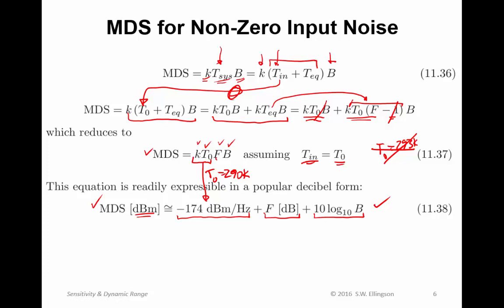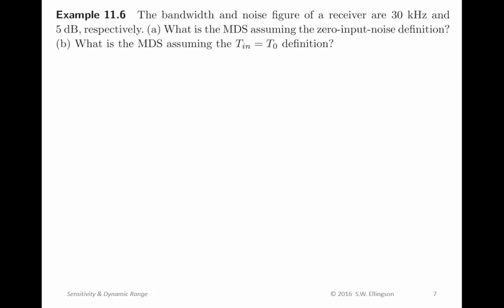And then here's F, and then here's B. So this is just the log form of the previous expression. There's really no difference between these other than the fact that I've made now the assertion that T0 and subsequently T_in is 290 K. So this is a non-zero input noise calculation for MDS, and it's a different result than we get if we assume that there is zero input noise to the 2-port.